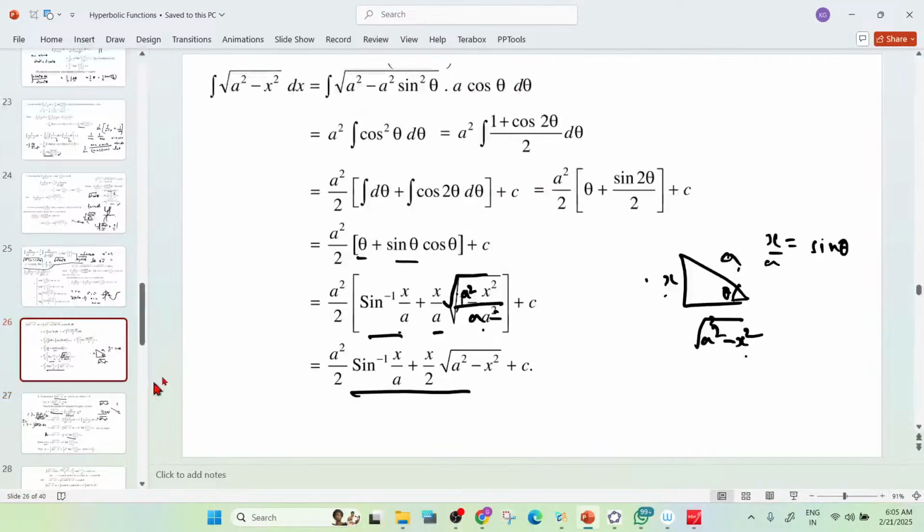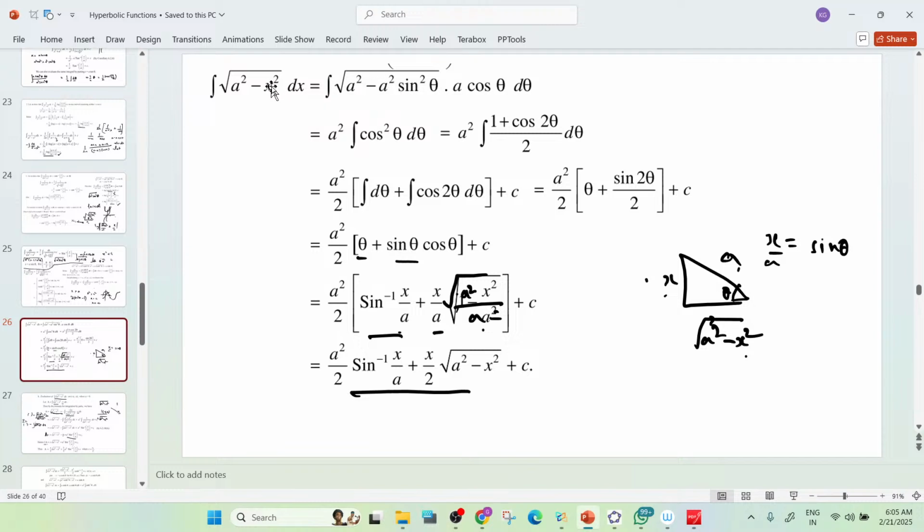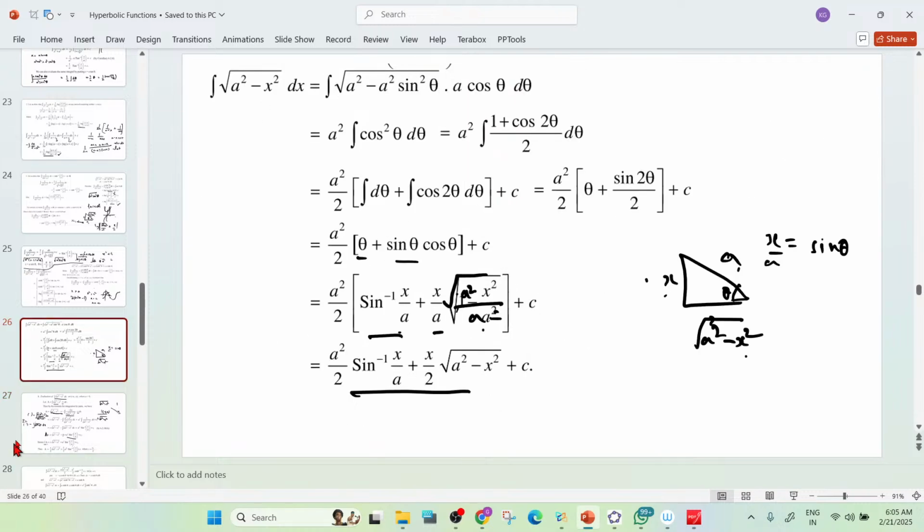So now we have learnt two ways of doing this. One is substitution. You might feel this is slightly easier, because generally people feel substitution is easy, but if you do a little practice, this also will look easy. Integration by parts is a powerful technique. Some people get confused about where to substitute what, whether to put sine theta or cos theta, but here you don't have that confusion because you know when to put what.